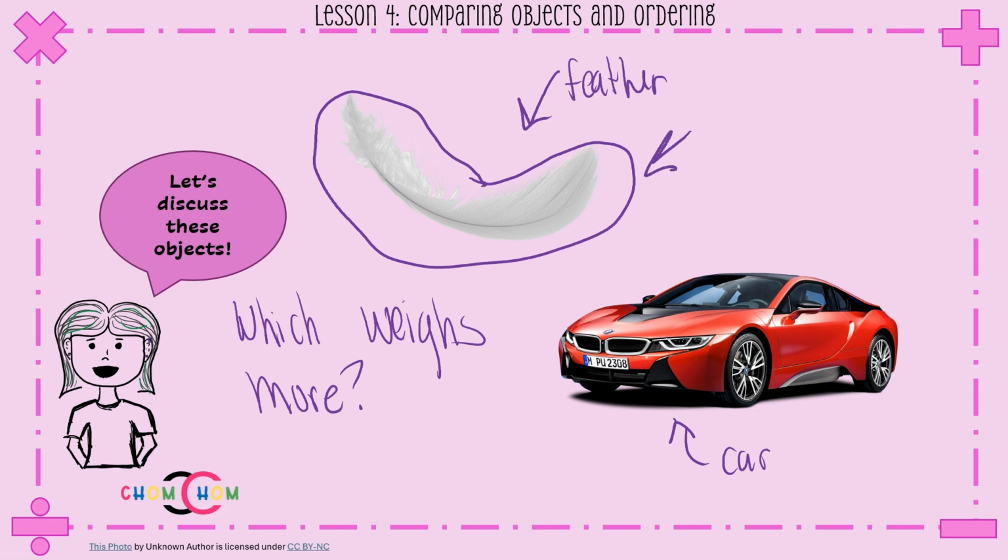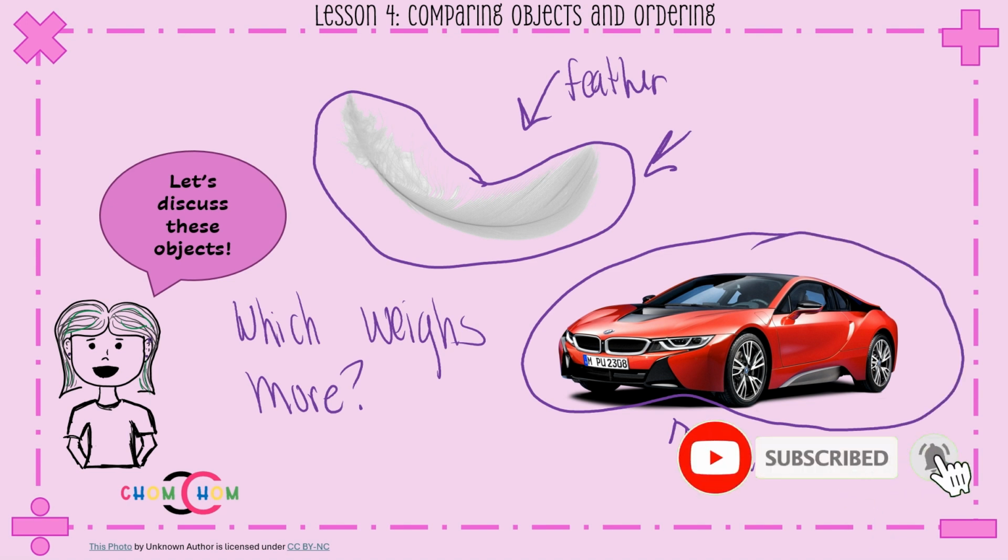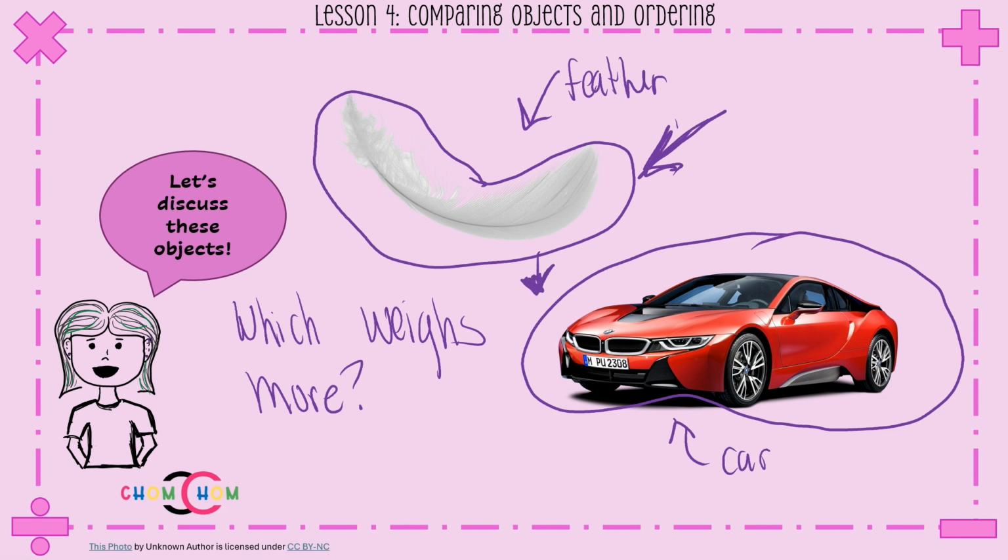Is it something that we can lift easily? Compared to a car. Cars weigh a lot more, right? Because we've maybe touched feathers or seen feathers on animals, and if they weighed as much as a car, those ducks would have to be very strong. So, the feather weighs less than the car.